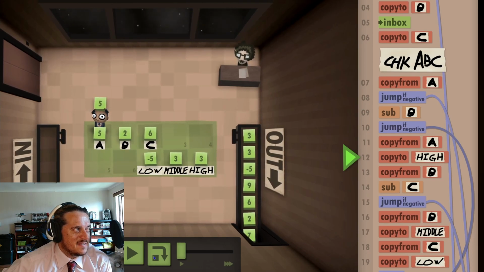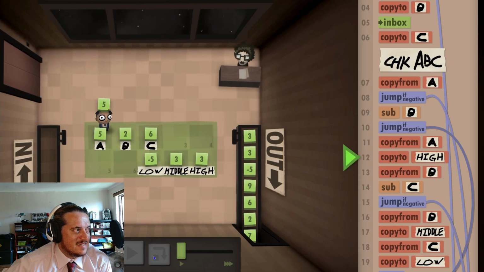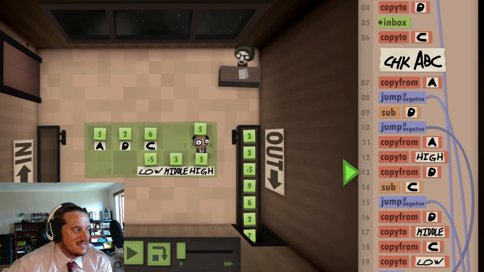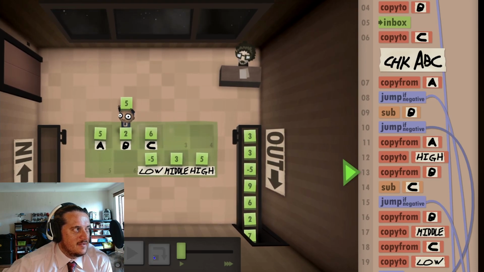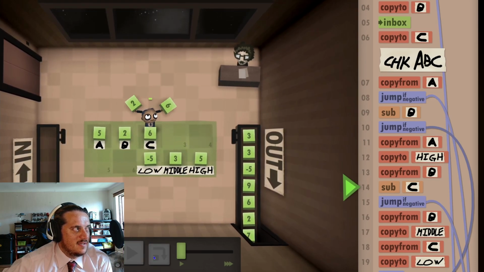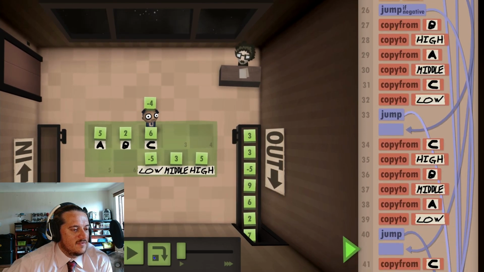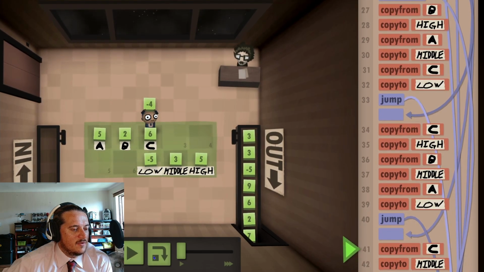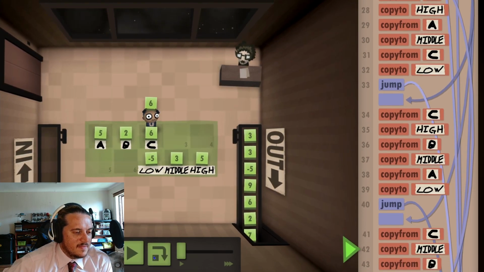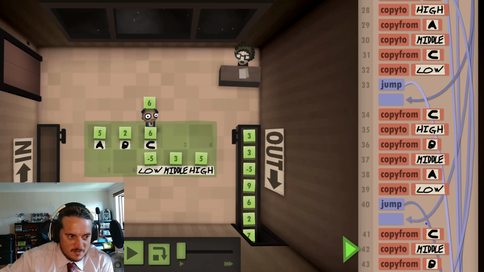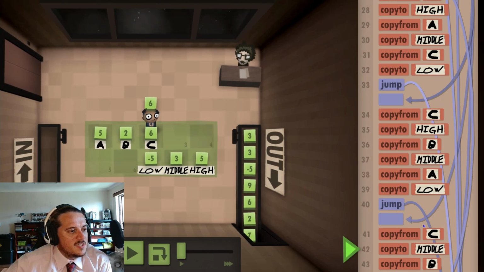And it's not the highest. Then I'm going to copy from B, minus C, that's a negative, and then we're going to copy from C into the middle. Yeah, that's where it goes wrong.